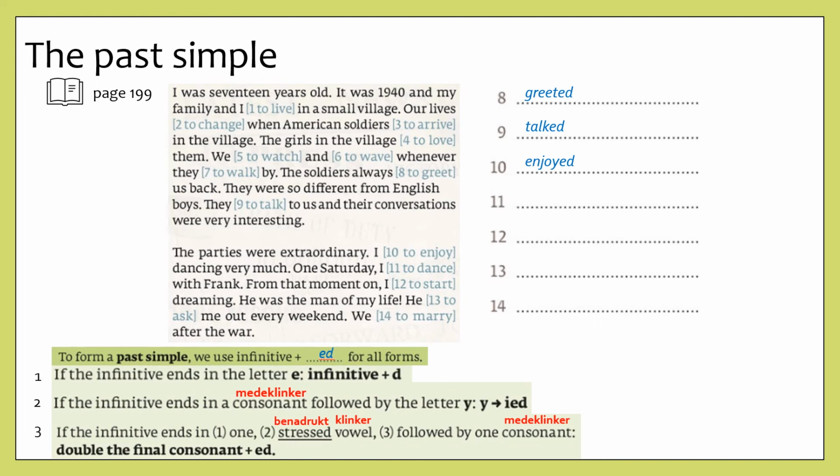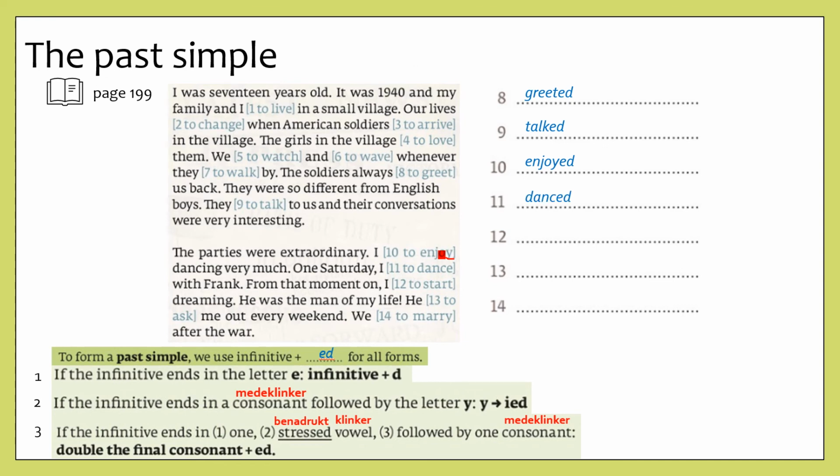But if we have a look at enjoy, infinitive of enjoy, I see indeed that it ends in a Y, but before my Y there isn't a consonant, but there is a vowel. Dus er staat geen medeklinker voor mijn Y, maar een klinker. Dus hier gewoon algemene regel.